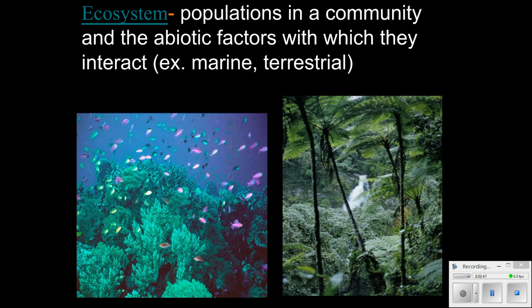Okay, ecosystems can be marine or terrestrial, but usually when we describe an ecosystem, it's very specific. Something like the Great Barrier Reef or the Amazon rainforest. If you just say rainforest, you're starting to talk a little bit about biomes. Ecosystems tend to be more specific, so when you're looking at an ecosystem and relationships within an ecosystem, try and be as specific as possible.